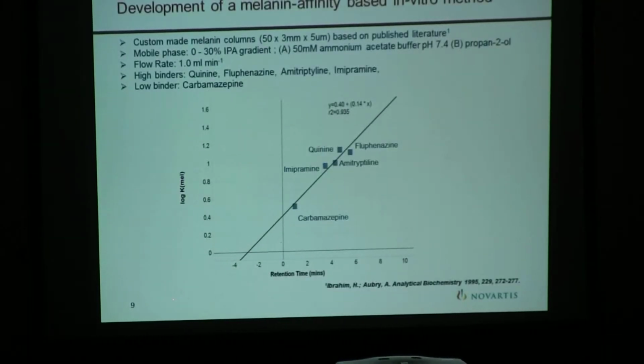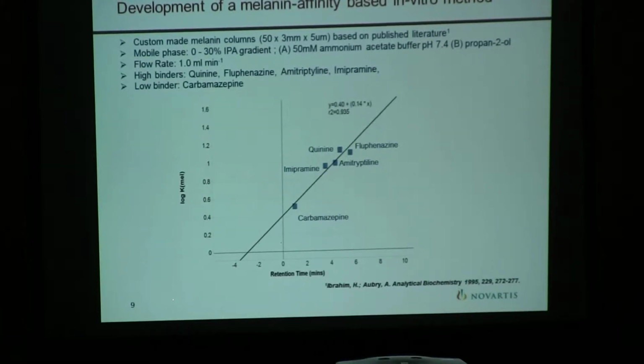So we had to custom make our columns, and we went through a number of problem solving issues, but at the end we could make custom made melanin columns. We tried various high binders and low binders that are reported, and we also included medium binders, but unfortunately that study did not go well, and we had some issues.